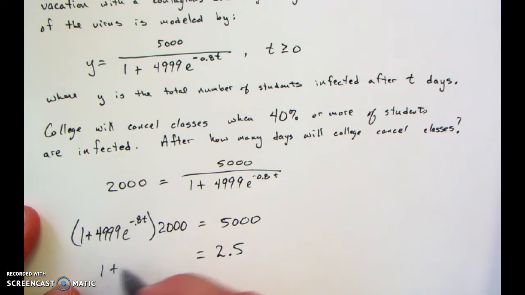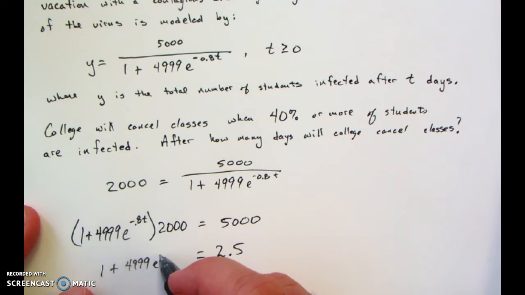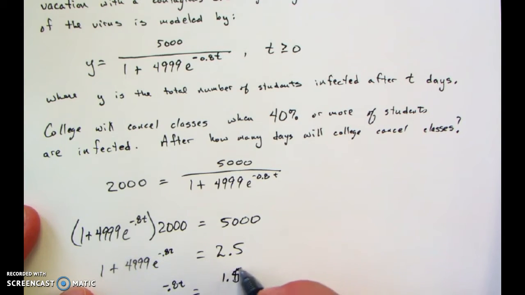So now we have 1 plus 4,999 times e raised to the negative 0.8t. Subtract the 1 over and divide by 4,999. If I subtract 1, that's 1.5 and 1.5.